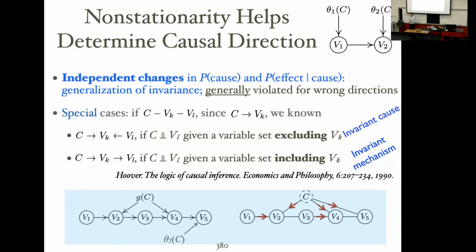You may also have this, because the cause distribution and the mechanism can change at the same time. However, they change independently because of the modularity property, right? According to Pearl, a causal system is autonomous. There is no relationship between them. You can verify whether they change independently. Okay, so this is the generalization of invariance in causality, and then you can find the direction.